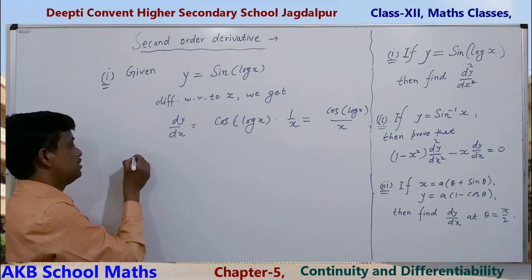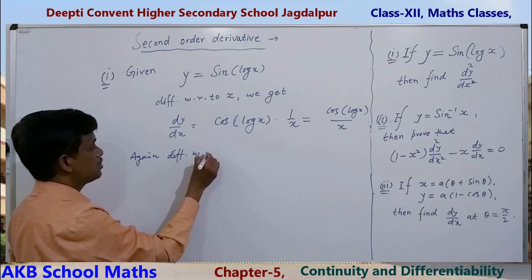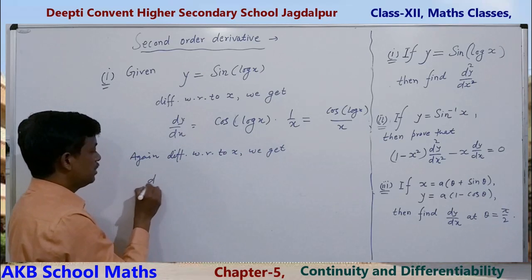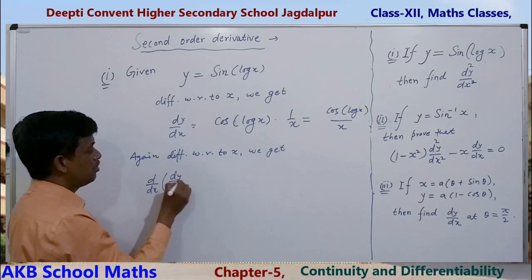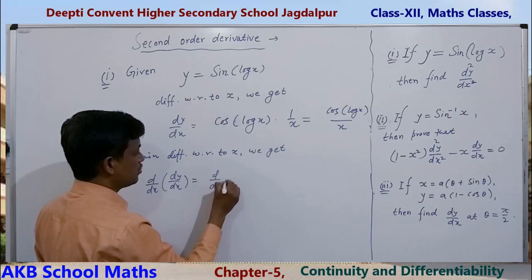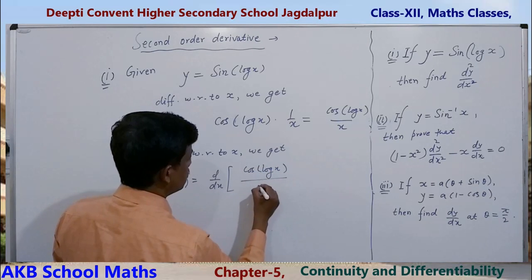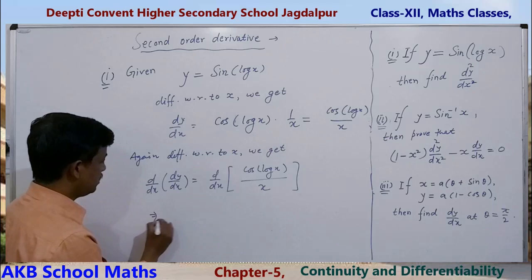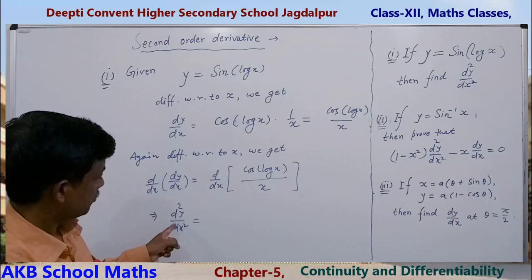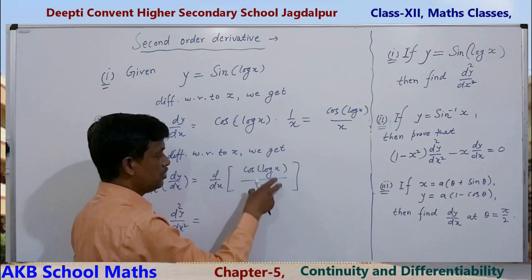Now again differentiate with respect to x. We get on the left side d by dx of dy upon dx, and on the right side d by dx of cos log x upon x. On the left side you get d2y upon dx square, the second order derivative. Here differentiation of this with respect to x, numerator upon denominator, division rule.